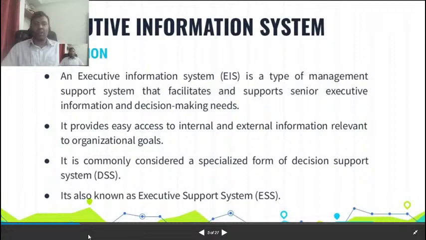To understand when you require what kind of system, you need to understand what an executive information system is. The definition: an executive information system is a type of management support system that facilitates and supports senior executive decision making.